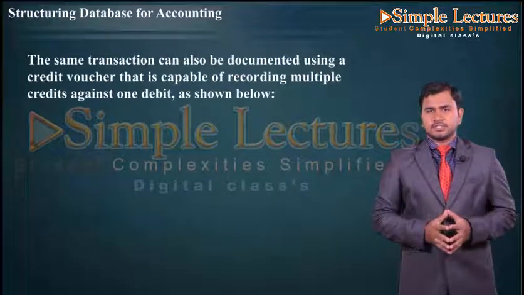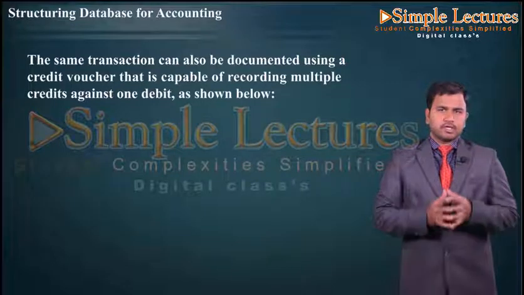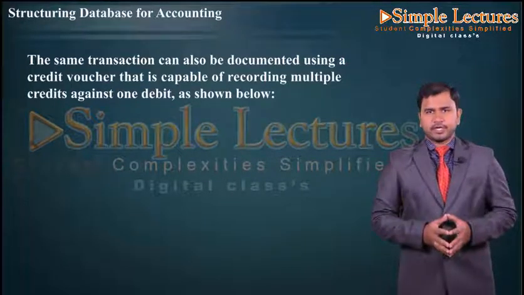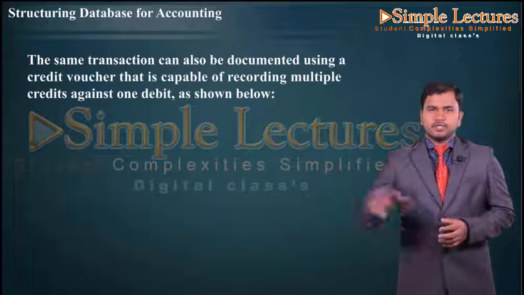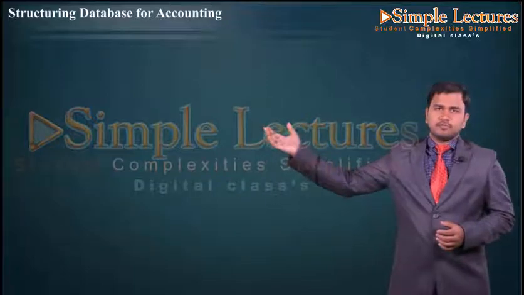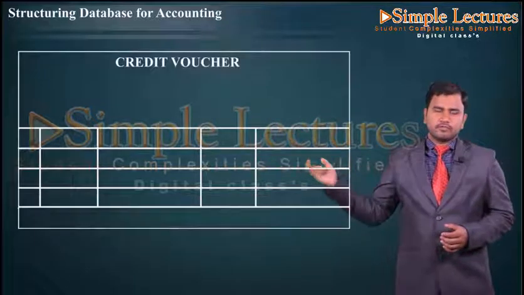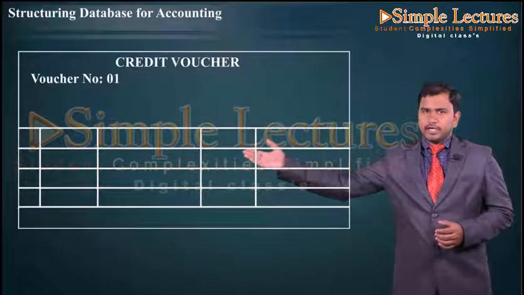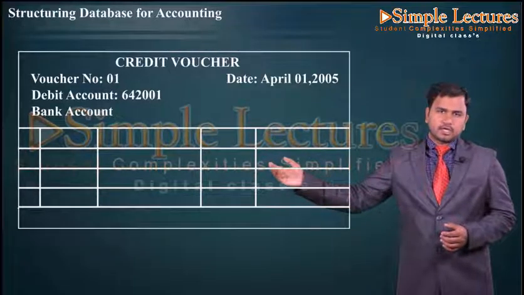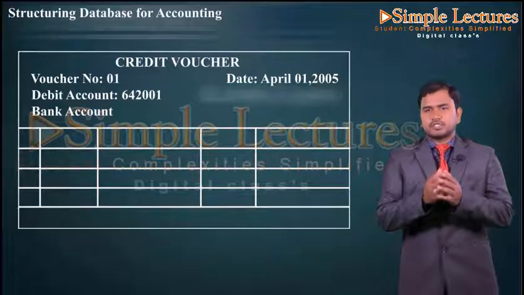The same transaction can also be documented using a credit voucher, which is capable of recording multiple credits against one debit. Let us see how we prepare the credit voucher. It is a credit voucher with a voucher number, date, and the debit account along with the code, which is the bank account, for Shripa Computers.